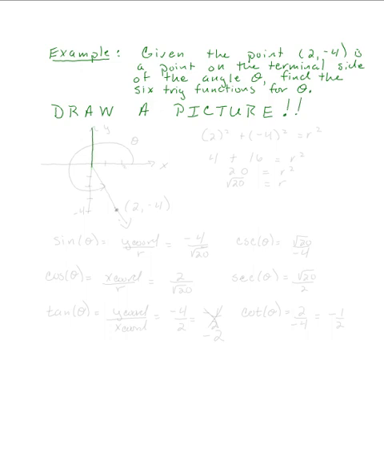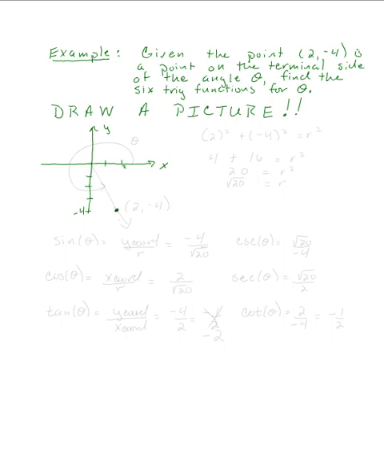Okay, so here's my picture then. My XY coordinate system. I'm going to locate the angle theta by looking at where this point is on the terminal side. So x equals 2, and then y equals -4. So that's 1, 2, 3, -4. Okay, so there's a point on my terminal side.